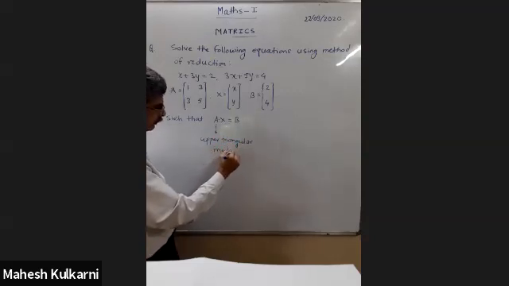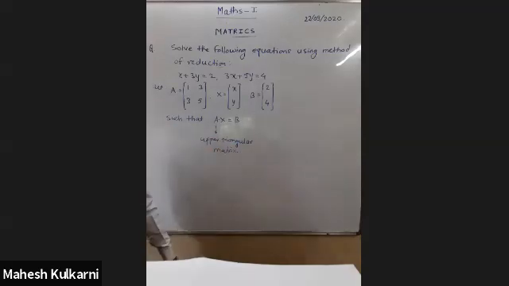We are going to study this method for both types, linear equations containing two variables and also three variables. So this is for two variables. We have to reduce this to an upper triangular matrix.